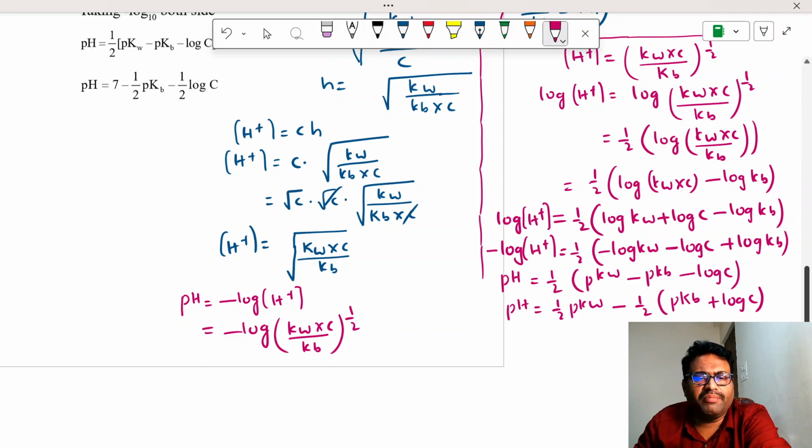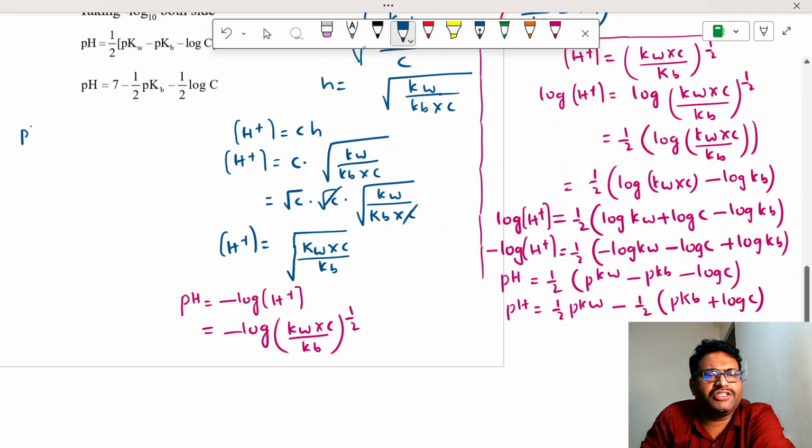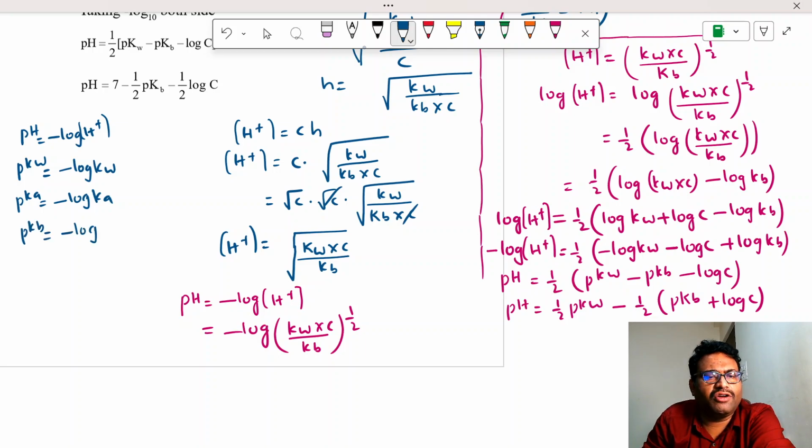So we have to remember some things here. What are those? First thing is, pH is equal to minus log H plus, pKw is equal to minus log Kw, pKa is equal to minus log Ka, pKb is equal to minus log Kb, pOH is equal to minus log OH minus.